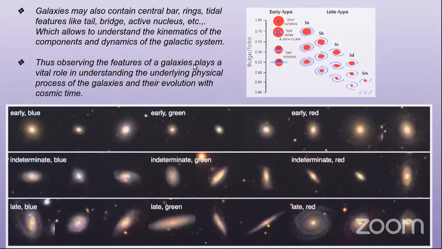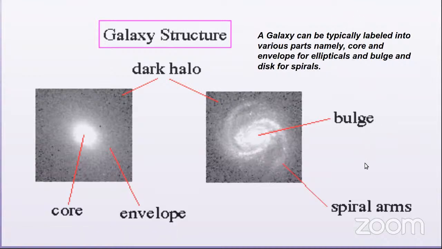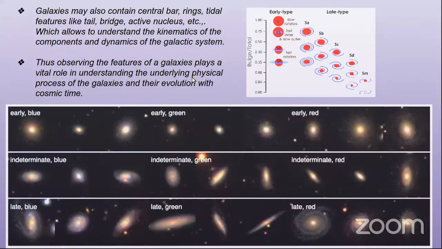Basically, the galaxy structure can have many parts, but the basic parts are, for elliptical galaxies, a core and an envelope, and for spiral galaxies, a bulge and arms. Other than this, they could also have a nucleus, tails, bridges, and all those things.